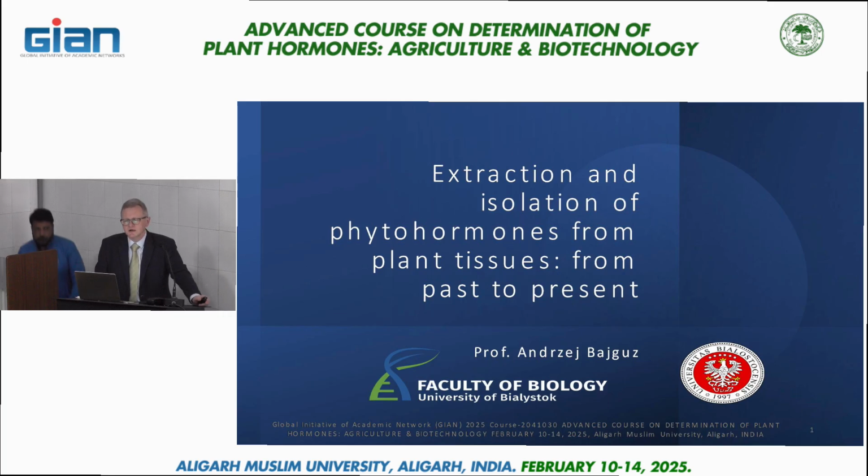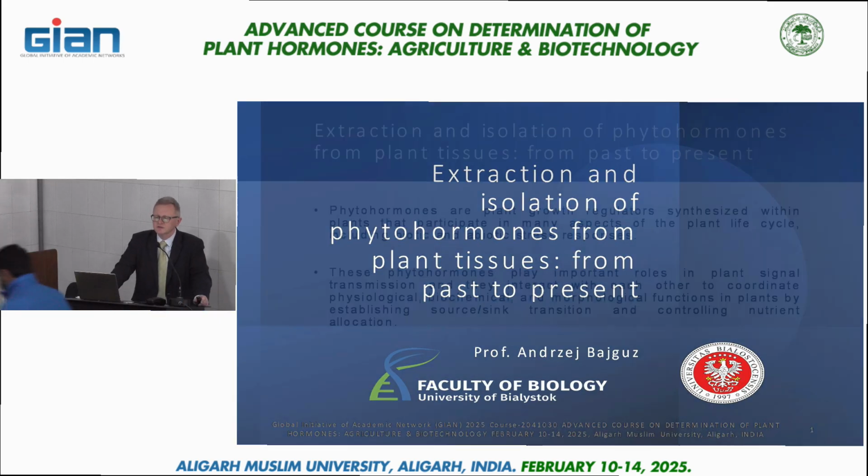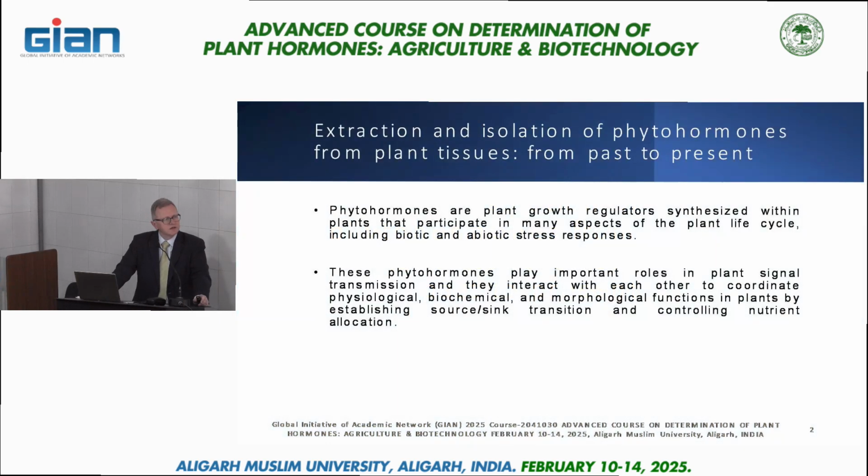Phytohormones are naturally occurring organic compounds that influence various physiological processes in plants. They play an essential role in nearly every aspect of plant life, including growth, development, and responses to environmental stresses.